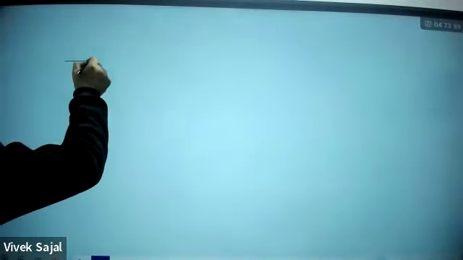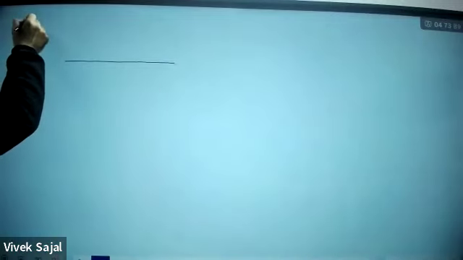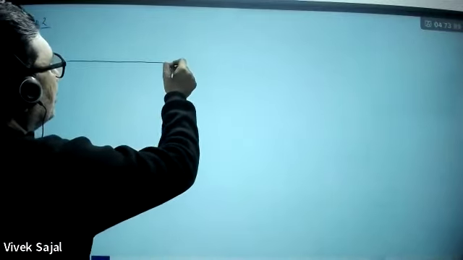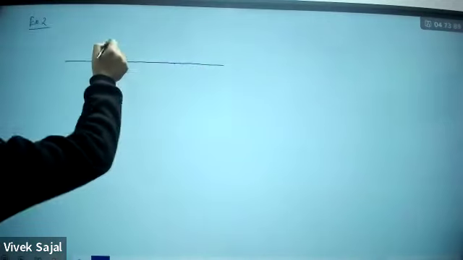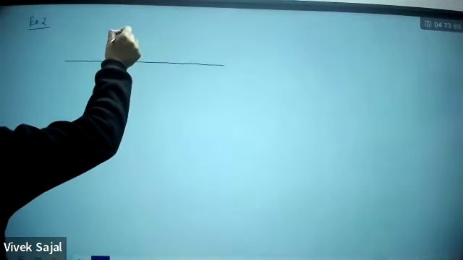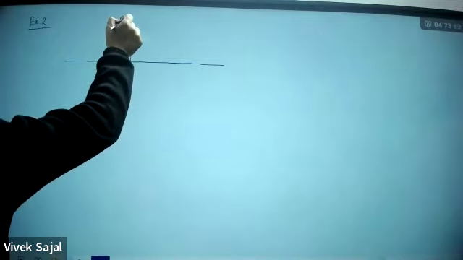Next, suppose the next example, example 2. This is example 2. Suppose 3 blocks are placed on the surface. So this is the first block, M1. Its mass is M1.